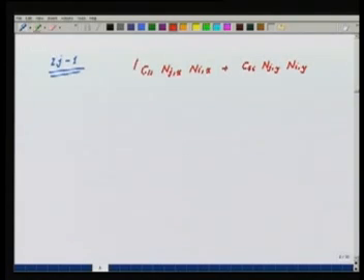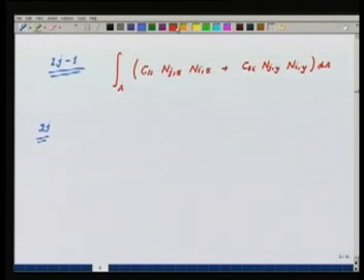You integrate this quantity over the area. This will give me the column 2j minus 1. Similarly, remember for the row 2i minus 1, column 2j will be the remaining part.